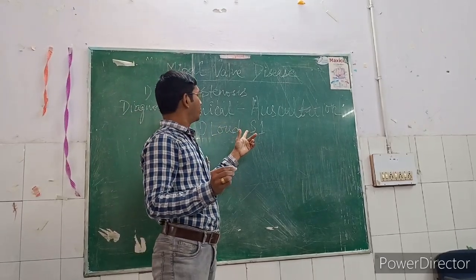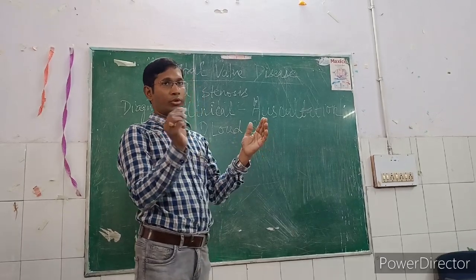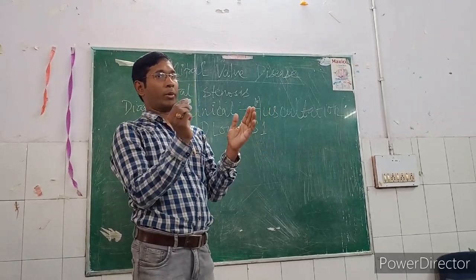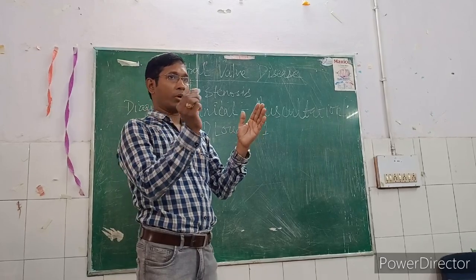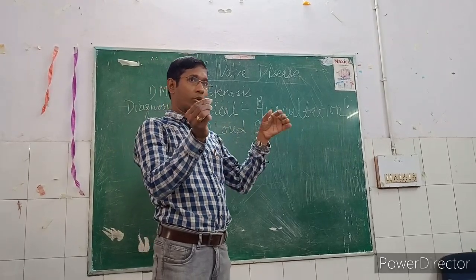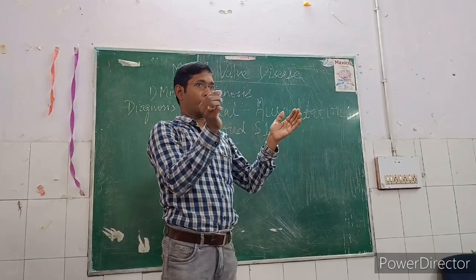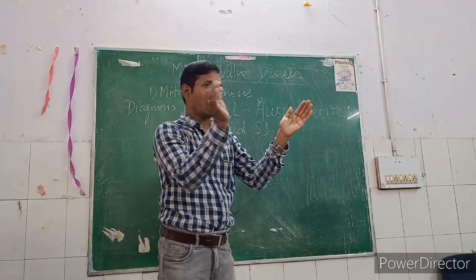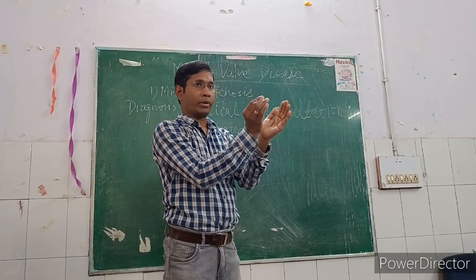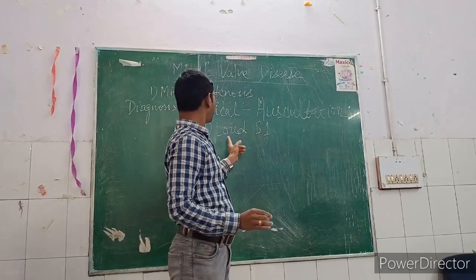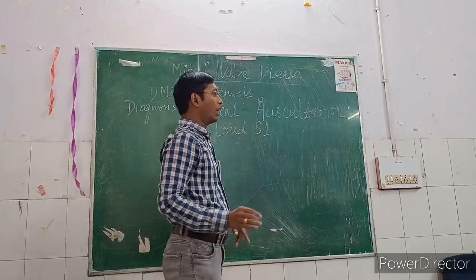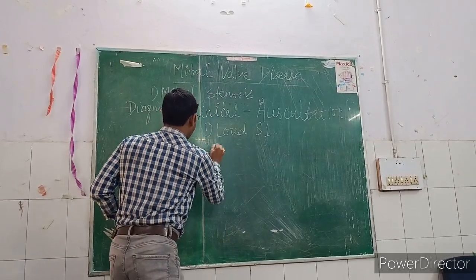The force needed to close the mitral valve is now greater because the left atrium is already enlarged because of the stenosis. There is accumulation of blood in the left atrium. So to close the mitral valve, more force is needed, and that's why S1 becomes loud. There will be an opening snap.